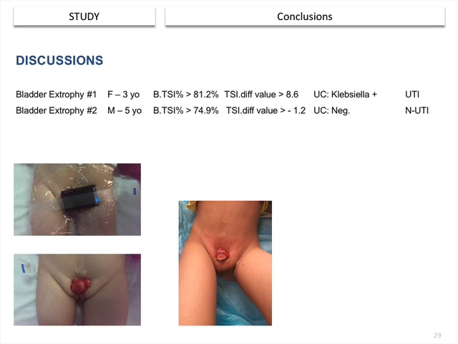The other one, the bladder TSI was in the normal range, and the TSI diff was also in the normal range. Later, when we got the urine culture, we realized that the first one was positive with Klebsiella, and the other one was negative. So, another perhaps confirmation of the method.